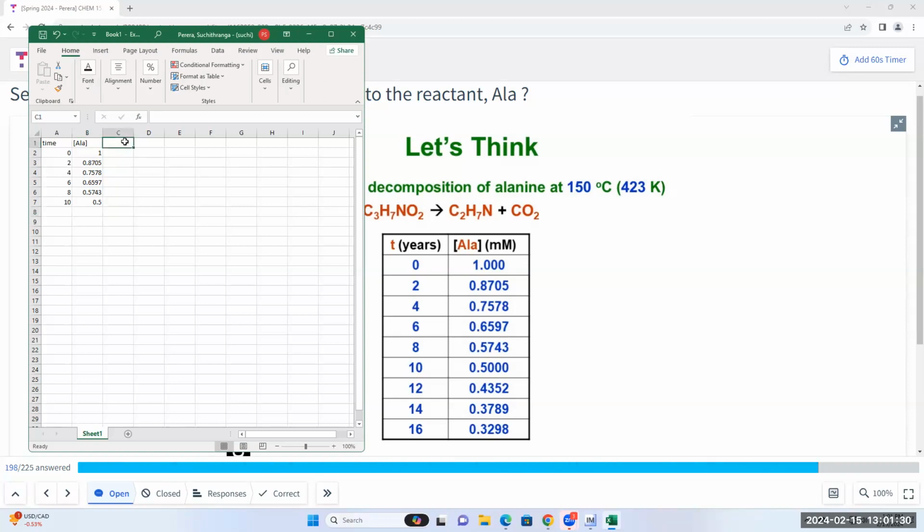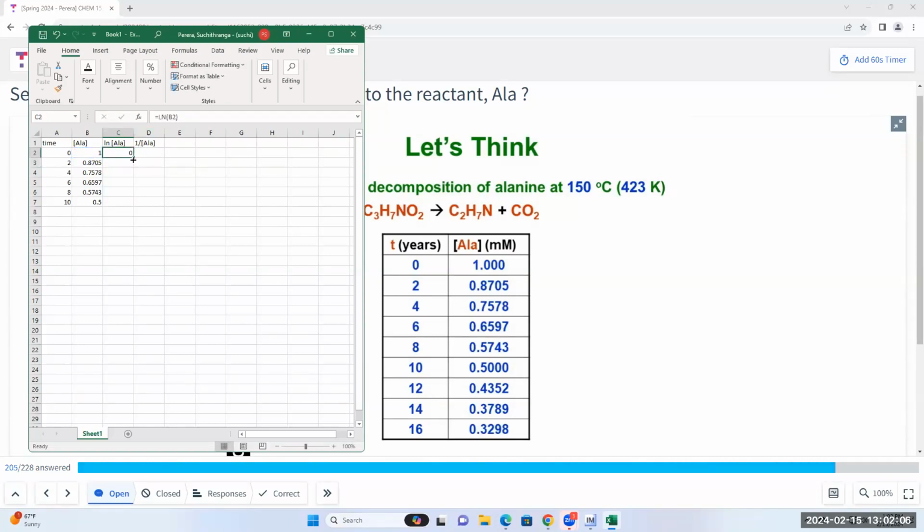So what we want to do is we need 2 more columns here. One of them is Ln of reactant concentration. The other one is 1 over reactant concentration. That's it. And then to get the natural log of ALA reactant concentration, you type an equal sign, then type Ln, double click on that and click on the cell with that number, close the parentheses and hit enter.